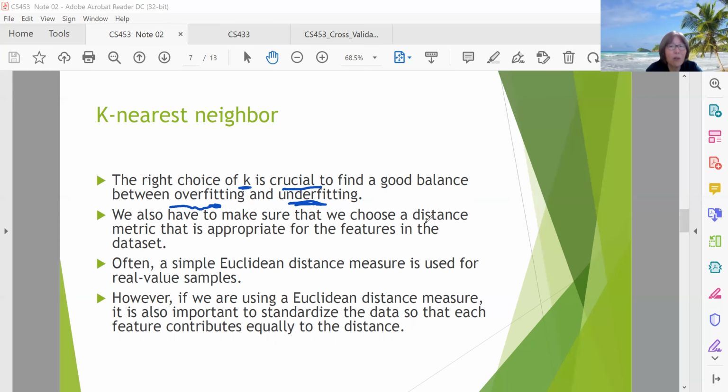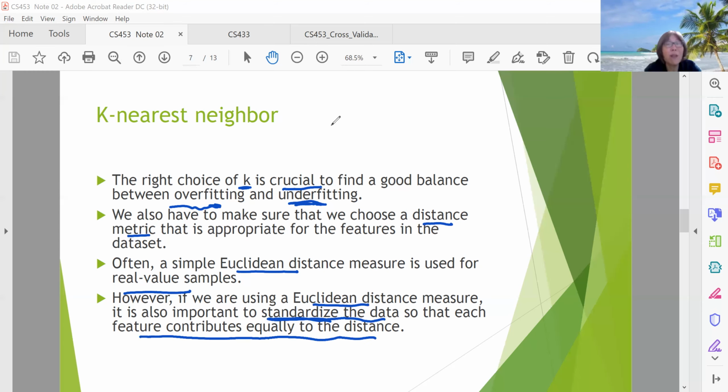And also the distance metric is important. Usually it uses simple Euclidean distance for real-valued samples, but it also supports others, not just this one. And if we use Euclidean distance, then we also need to standardize the data, because the features contribute equally to the distance.